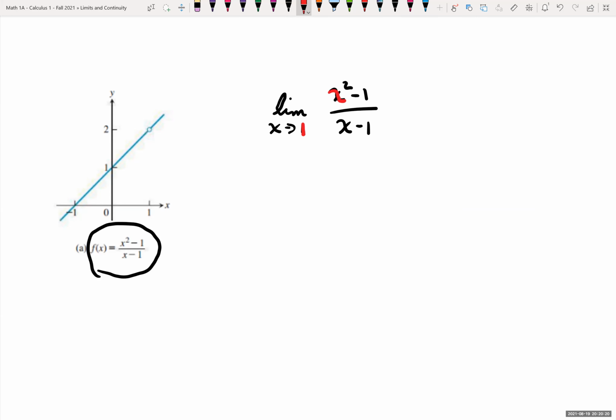So all we're going to do is plug in 1 wherever we see an x in this function. Let's do that. I'm first going to put parentheses wherever I see an x.